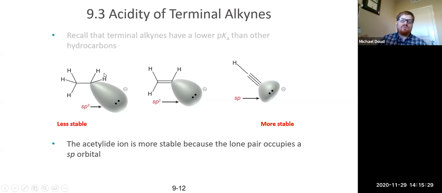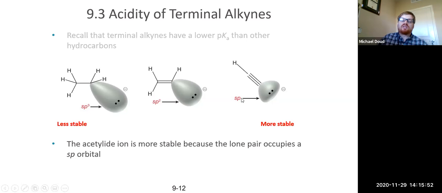So if you have ethane versus ethene versus ethyne, you're comparing the conjugate bases. You have an sp3 orbital, you have an sp2 orbital, and you have an sp orbital. Well, O for orbital tells us that the more s character we have in that lone pair's orbital, the more stable that lone pair is going to be.